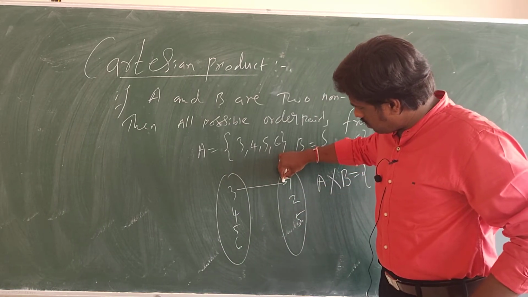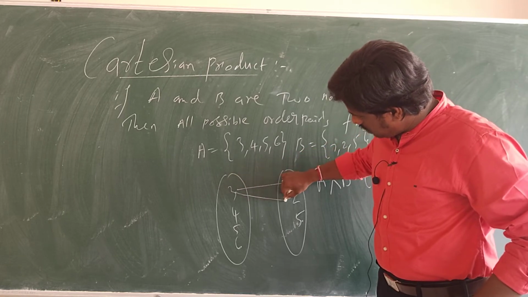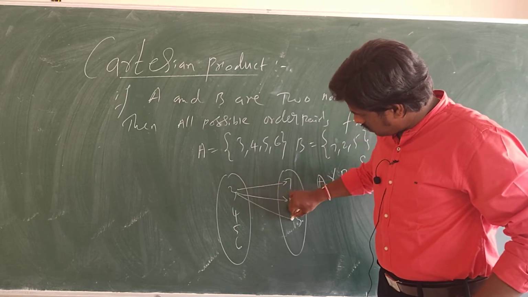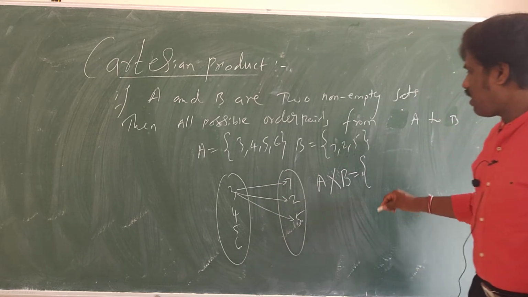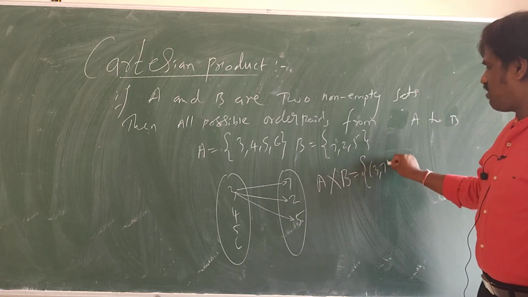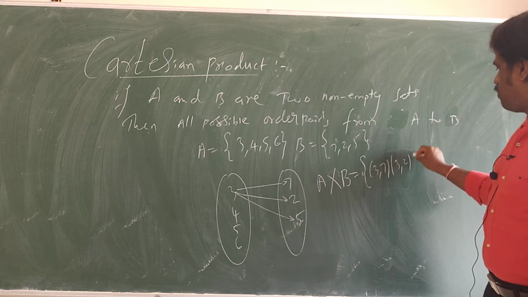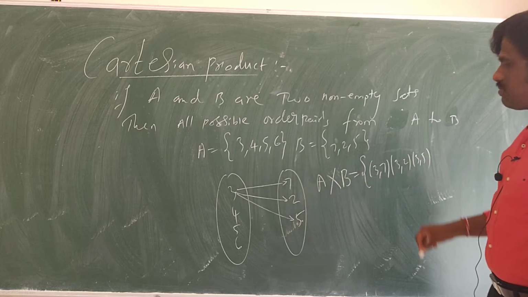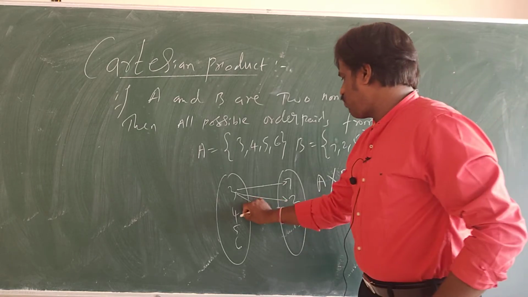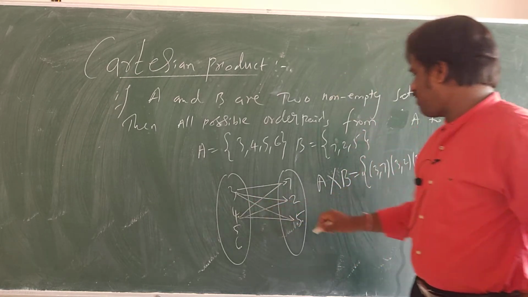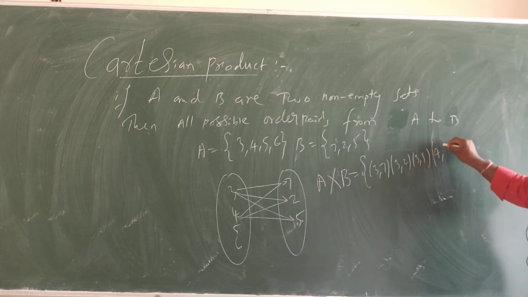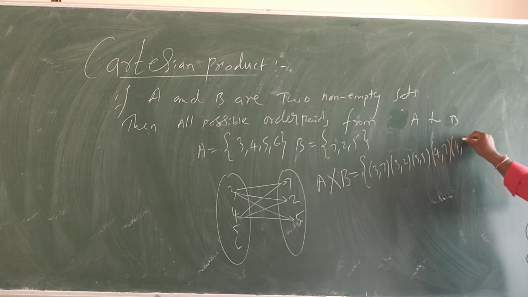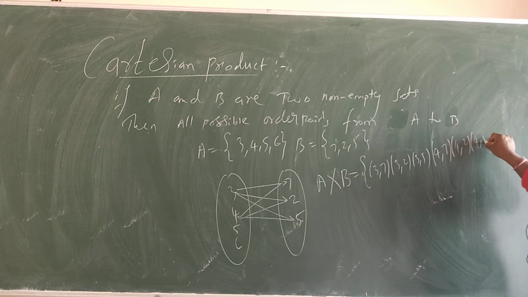How do I do it here? 3 associated to 7, 3 associated to 2, 3 associated to 5. I can write 3 comma 7, 3 comma 2, 3 comma 5. Next 4 comma 7, 4 comma 2, 4 comma 5.